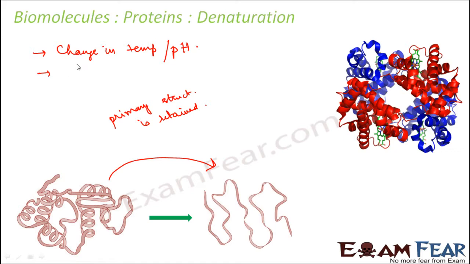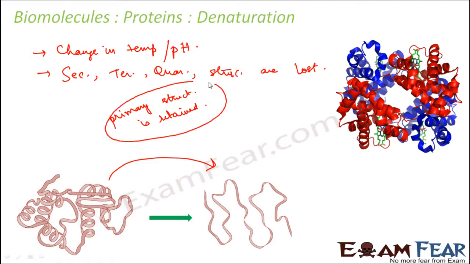Then what happens? Secondary, tertiary, quaternary structures are lost. When these structures are lost, only primary structure is retained and the protein's biological activity is lost.